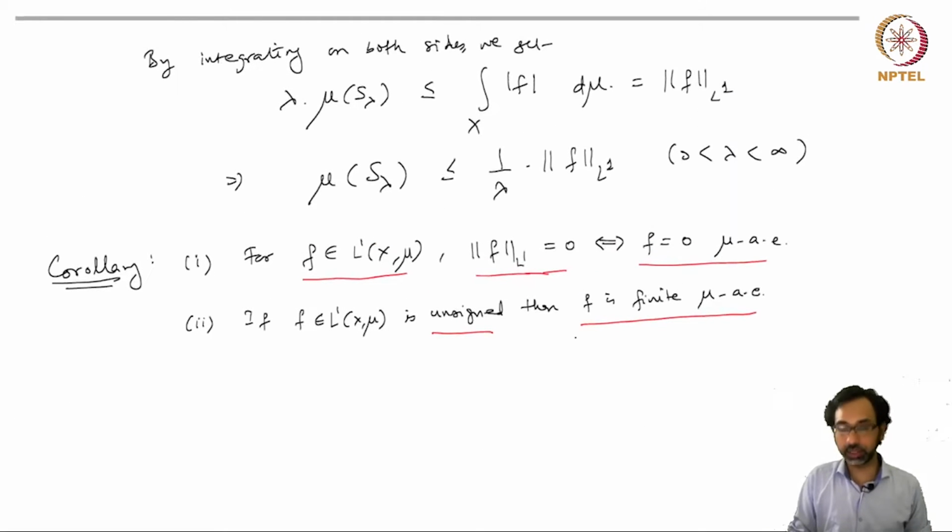So if f is an unsigned measurable function, then f is finite mu almost everywhere.